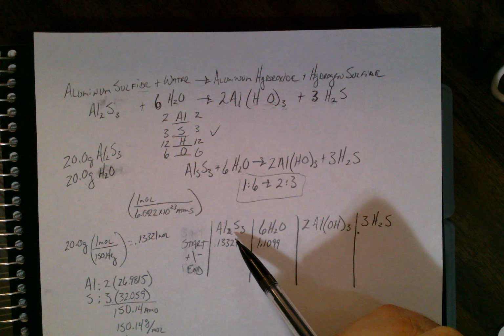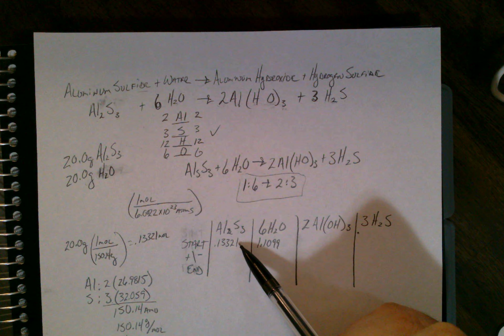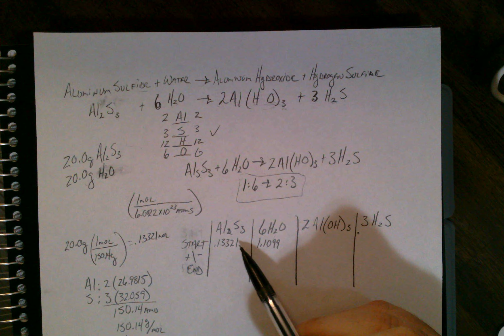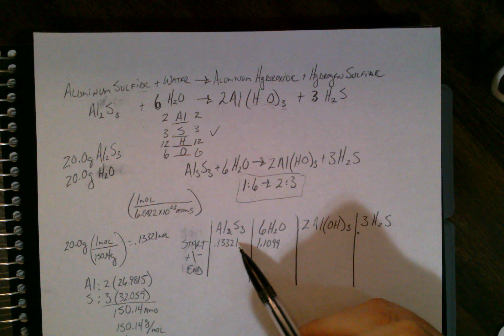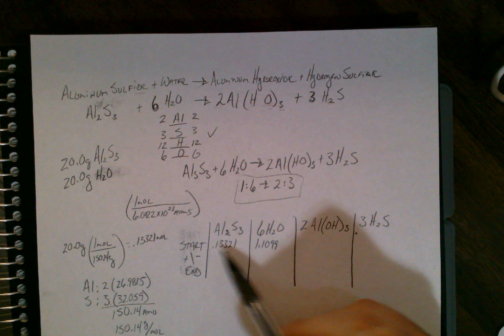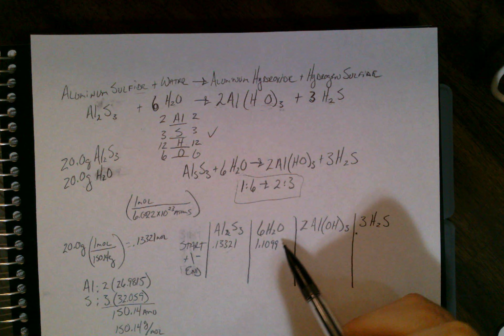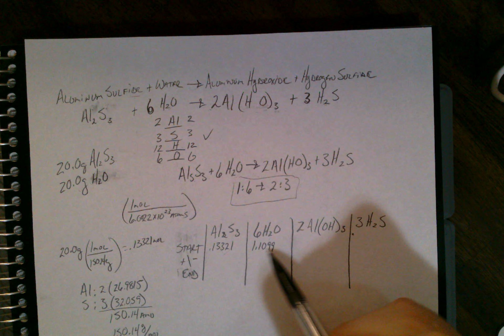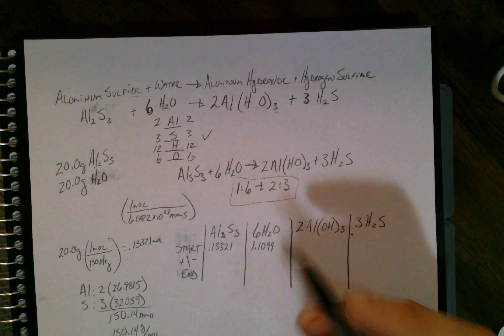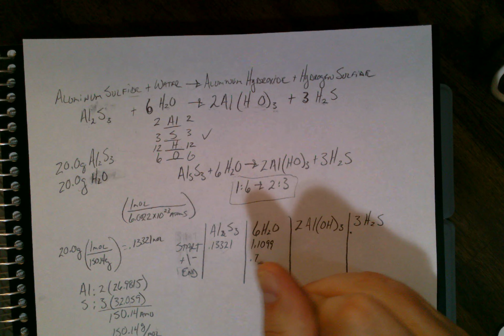Aluminum sulfide is the limiting factor, because we only have enough aluminum sulfide. Well, we only have this much. We don't have any more than that. That's all we have. But we have more than enough H2O. So our plus minus here, it's not going to be the full amount. It's only going to be 0.79926.